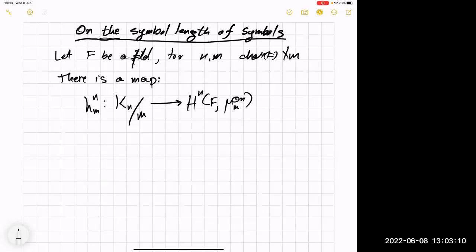On generators, it does the following thing. If you have a1 up to an as an element, when you apply this map, you get this so-called symbol element, which I like to think of as the cup product of a1 up to an, where I think of the ai as elements of H^1.